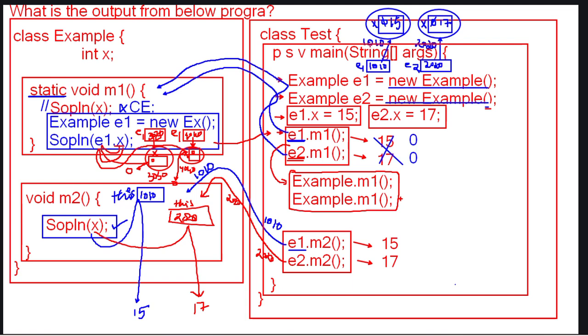It doesn't receive the current object as an argument.